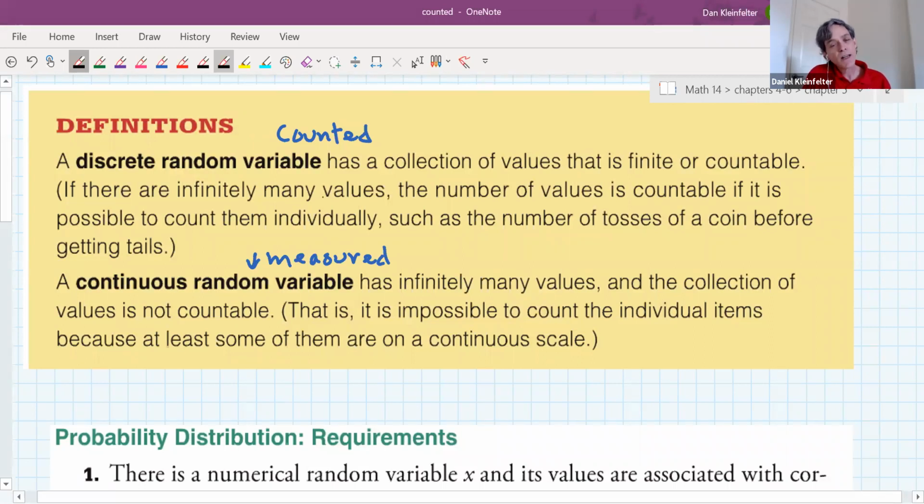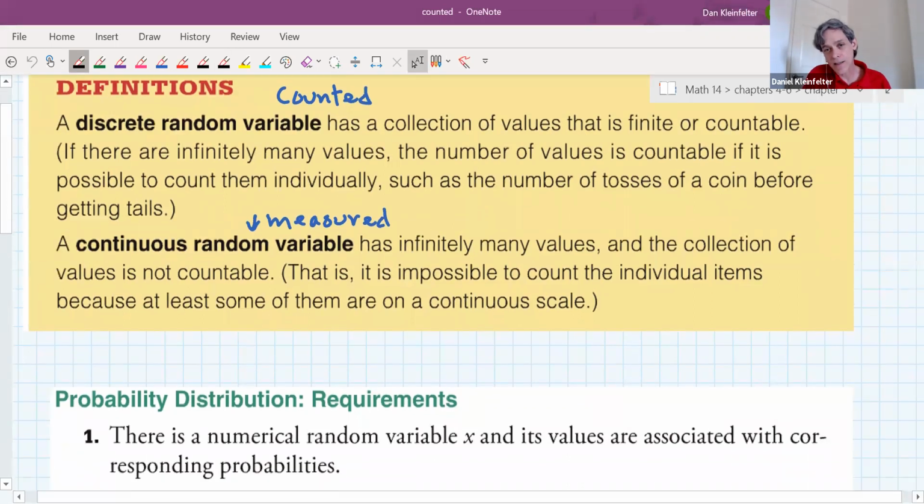Think in terms of a discrete variable being one that you would count, and a continuous variable being one that you would measure. You will get the right understanding thinking of it that way, because we really don't go into countably infinite versus uncountably infinite in this course.